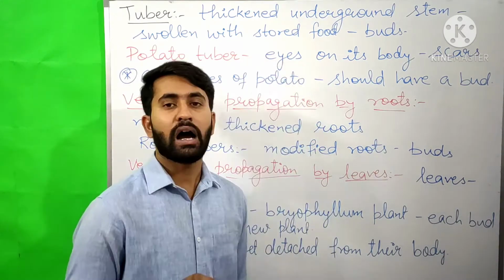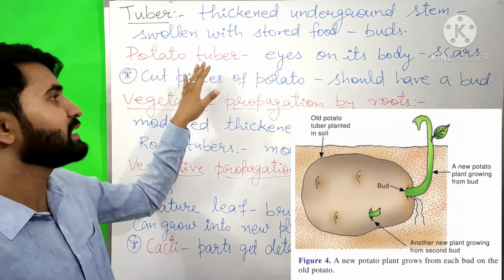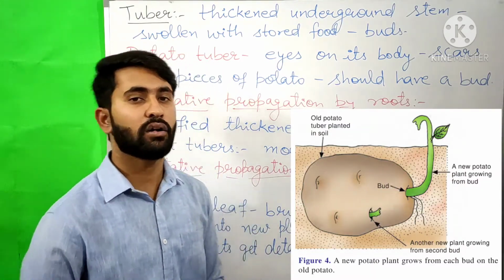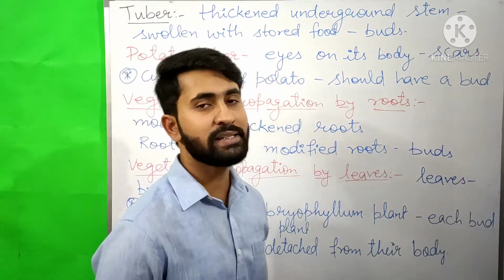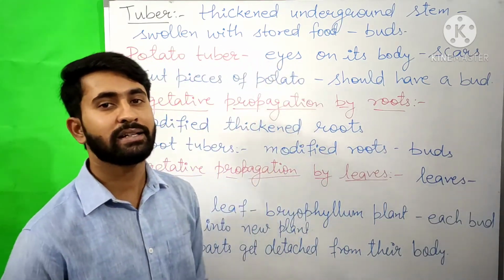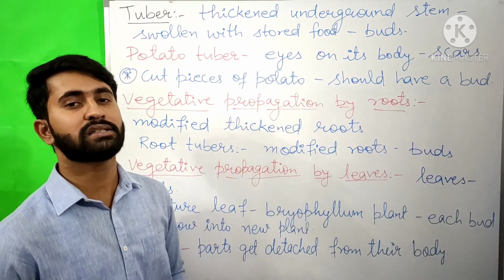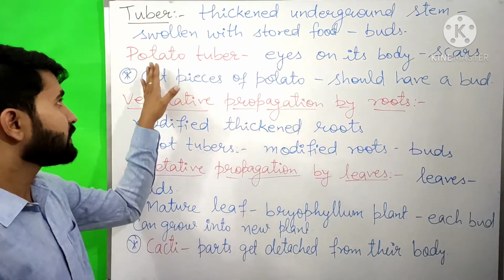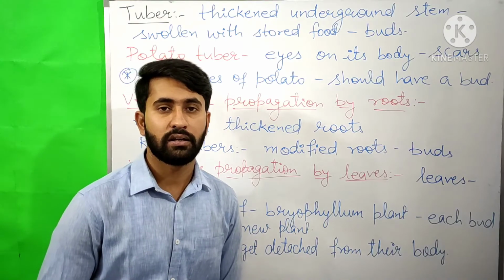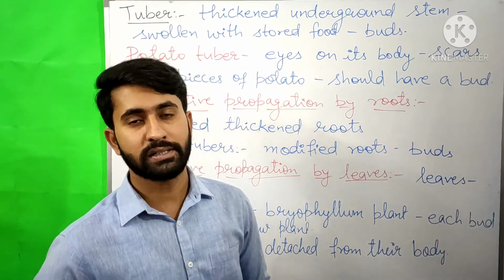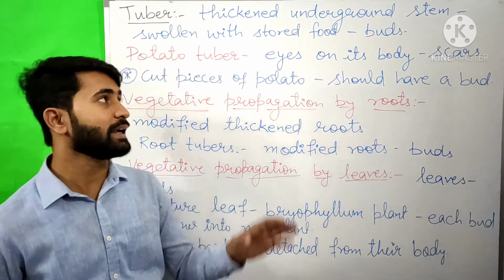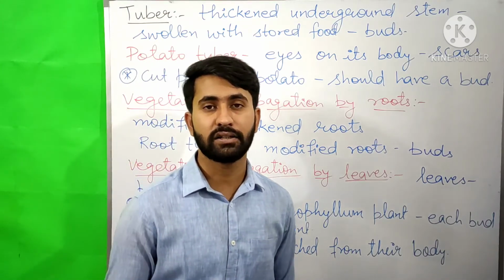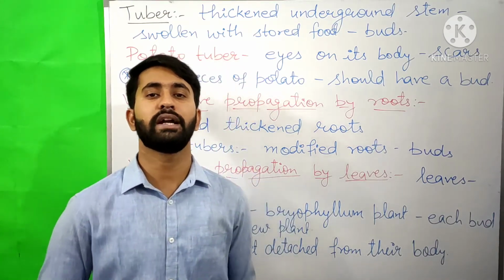A potato tuber has many buds on it, which are also known as eyes on its body, and these eyes or the buds appear like scars. When a potato tuber is planted in the soil, then all the buds that are present on the potato tuber start growing into a new potato plant.